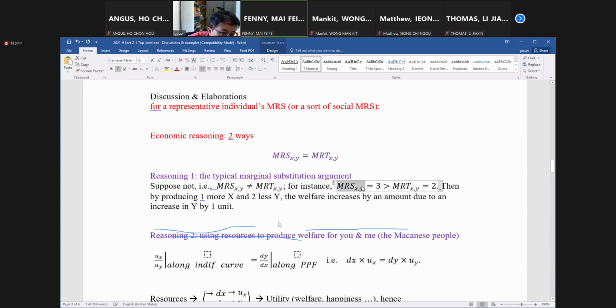You agree? Okay, I got it. Thank you. Probably some other students also have the same question, but if you understand this one, it will be very helpful for understanding the whole picture.